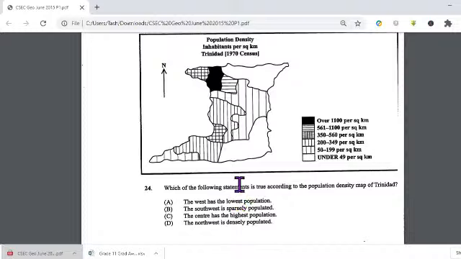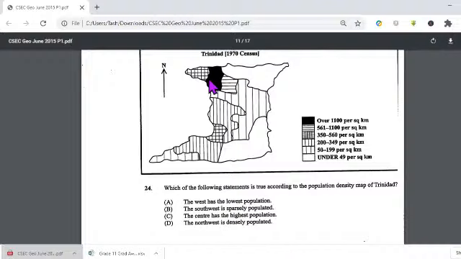The West has the lowest population. Let us look at the West. Over here, it is saying that it has the lowest population, which is not true because we're seeing a lot of people on this side. The southwest is sparsely populated, so that would have been south towards the west. They're saying that it is sparsely populated.